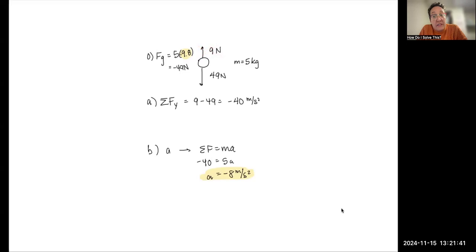But we do have air resistance, so we know it's not going to accelerate quite as quickly, but it should be on the same order of magnitude, just a little smaller. And sure enough, negative 8 meters per second squared fits the bill. So it does make sense as an answer.